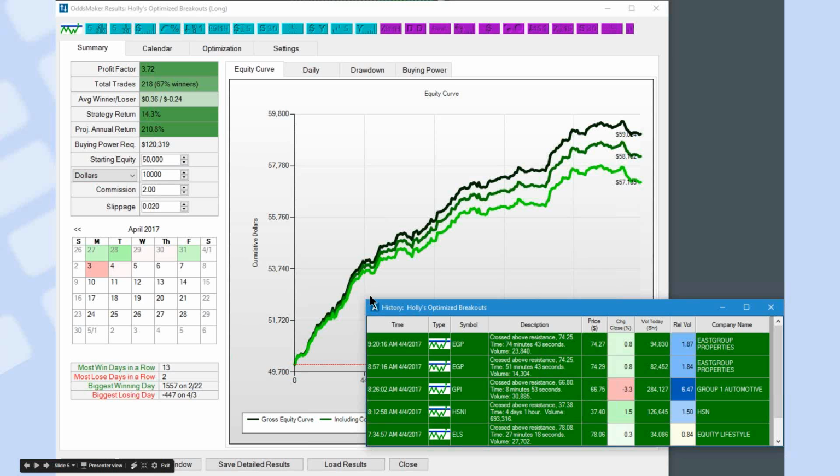So let's go to the next one here. This is the Oddsmaker. This is part of the premium subscription, and what you can do with an alert window, the event window that we have, is you can go ahead and do a back test of it.